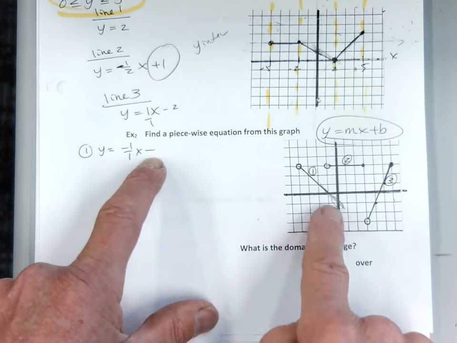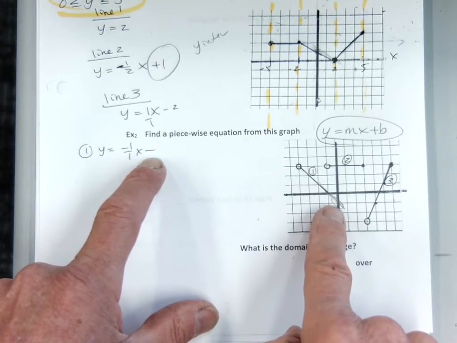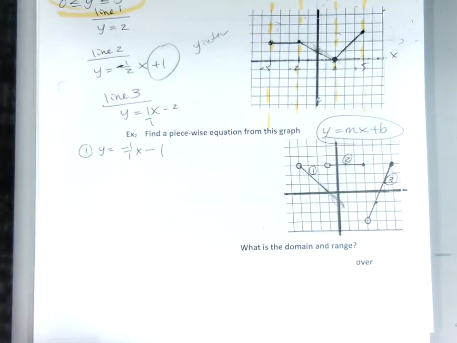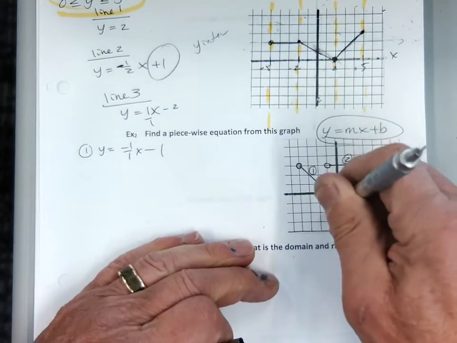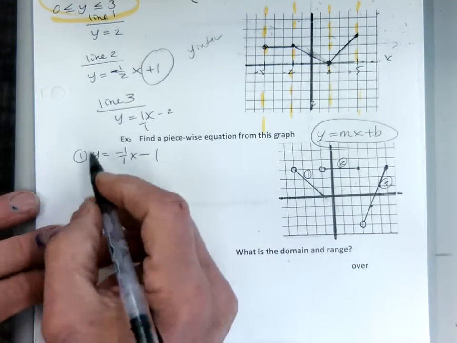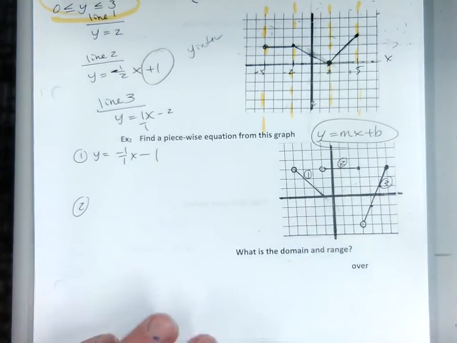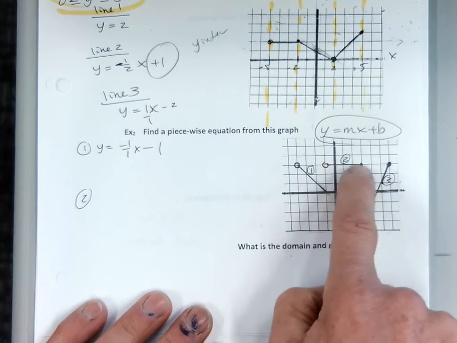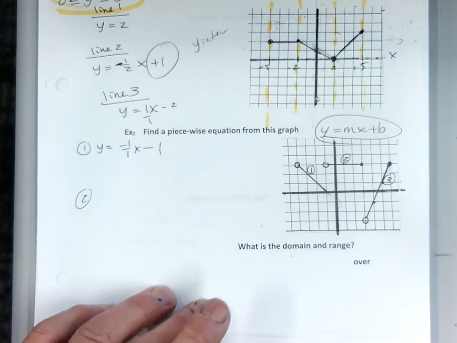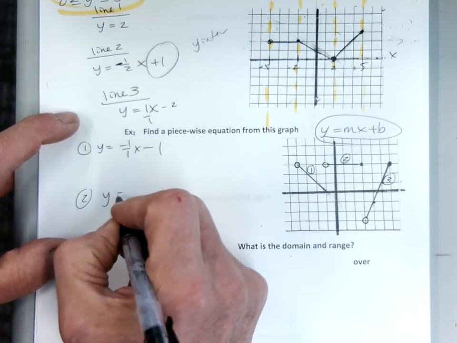It really was -1. That's important because if you don't put that, then it puts the line in a different place. So -1. Okay, line 2 is straight across horizontal, right? So it's a 0x. Line 2 is just plain old y equals 3.